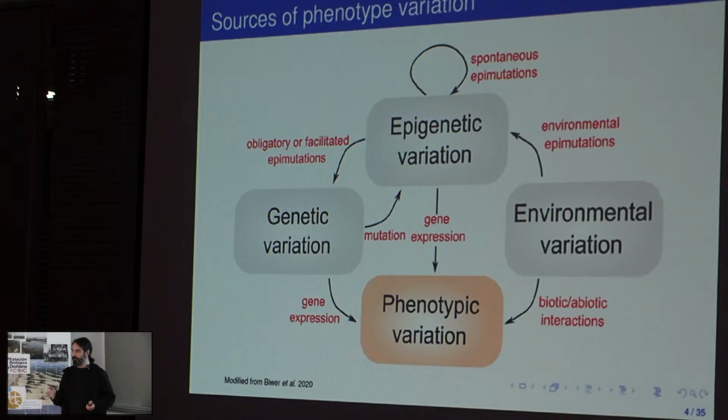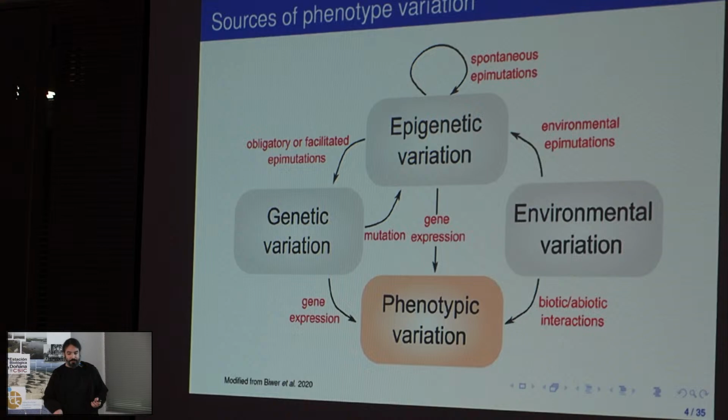What are the sources of phenotypic variation? There are mainly 3 sources that contribute to phenotypic variation. We have environmental variation, genetic variation, but I'm going to focus on epigenetic variation, which is, compared to the other 2 sources, a little bit understudied.